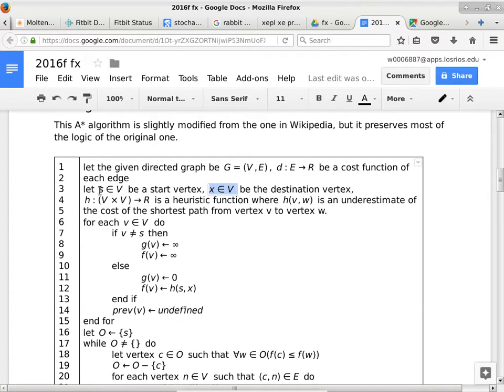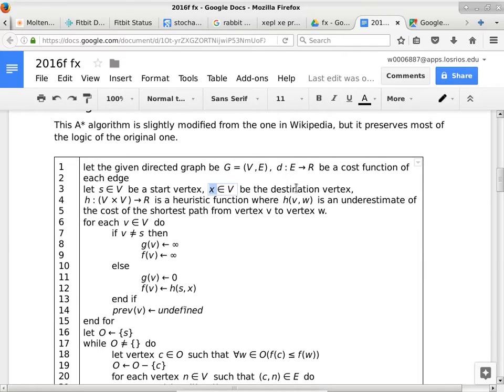In this case, the start vertex is lowercase s, and the destination vertex is lowercase x. Is that okay? Because the idea is, tell me how I can go from s to x in the shortest path. What is the shortest path to go from s to x? That really is the question.